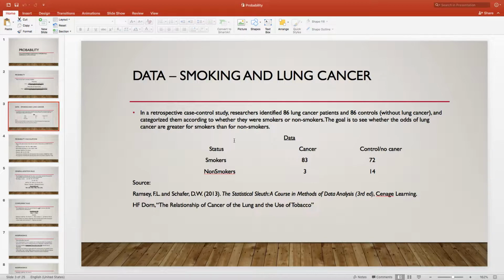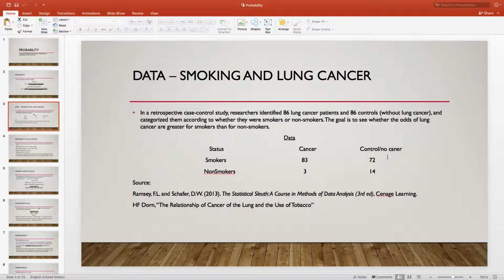Okay, so what this study did is they selected 86 lung cancer patients, 86 without lung cancer, and then they asked them, are you smoker or non-smoker? And we see that with the cancer, 83 of them are smokers, 3 of them are non-smokers.